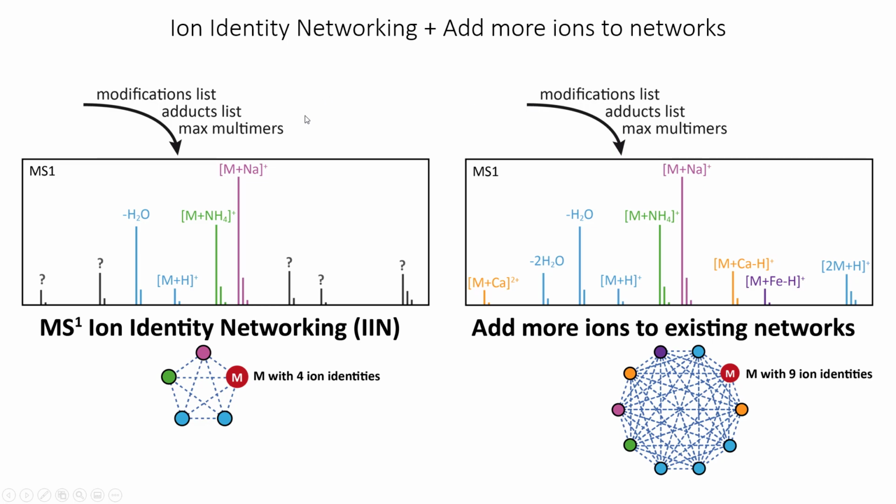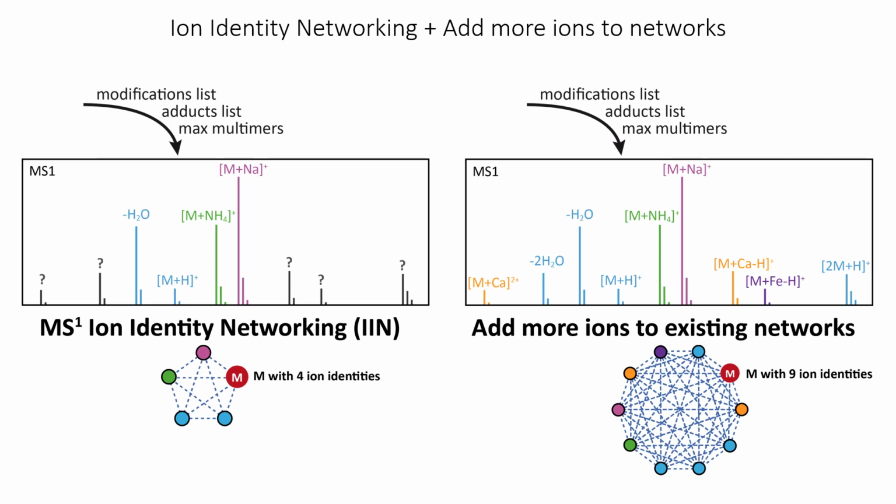And so if, from the beginning, we supply all the different modifications and we also supply all the different calcium and iron adducts, we might end up with some weird combinations of modifications and adducts.